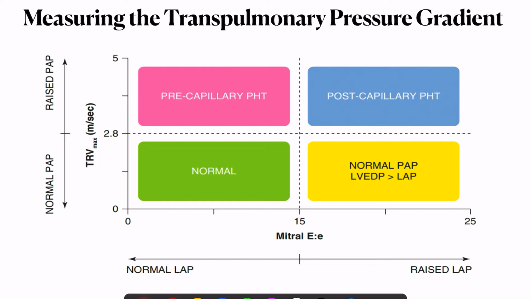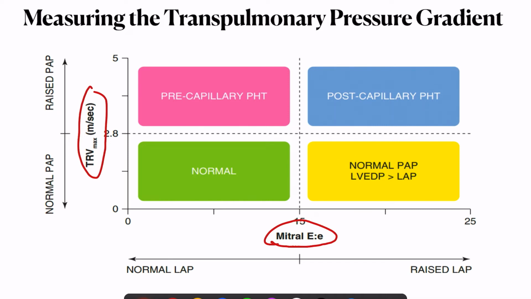Apart from that, we can also use the echo, that is the tricuspid valve maximum velocity and the mitral valve E/E prime. So based on that, if there is a normal pulmonary artery pressure and elevated left atrial pressure, then it is associated with left heart failure.